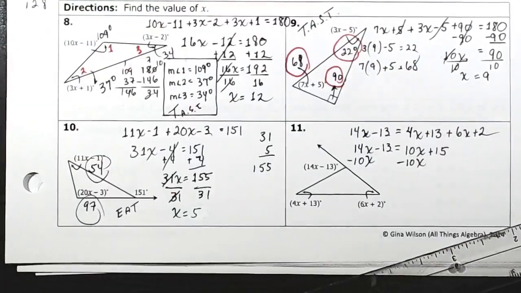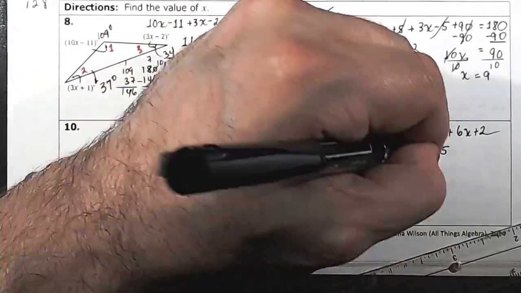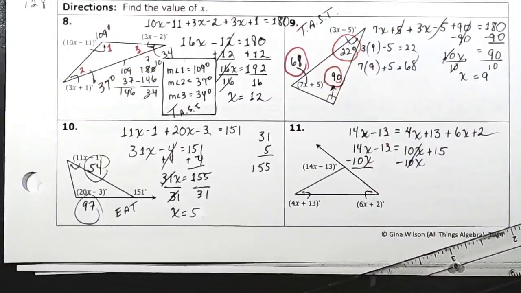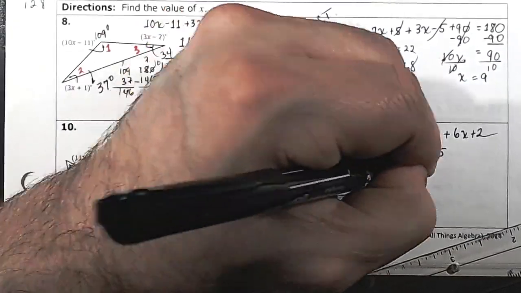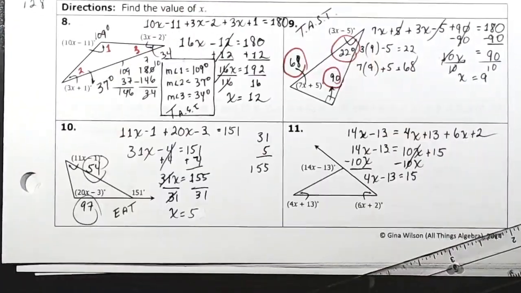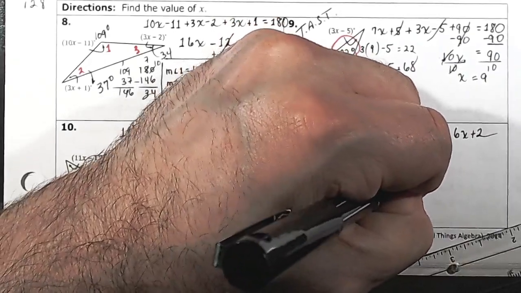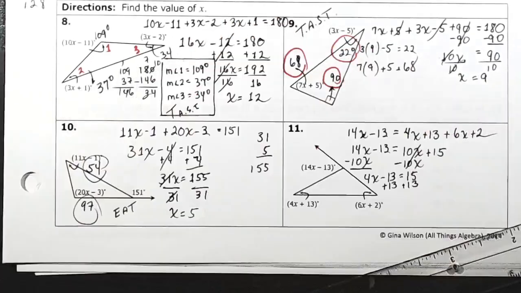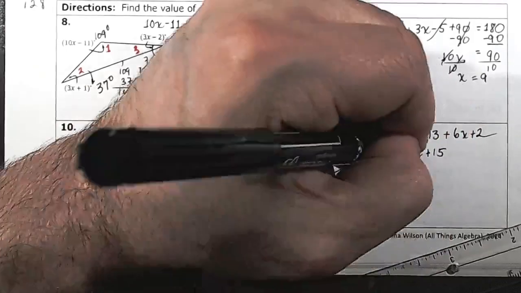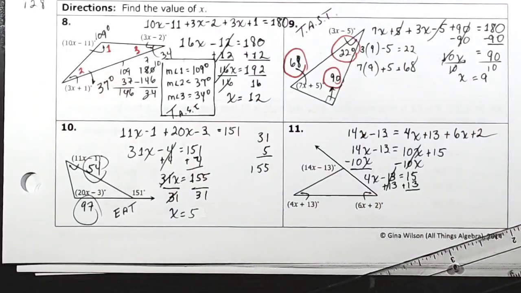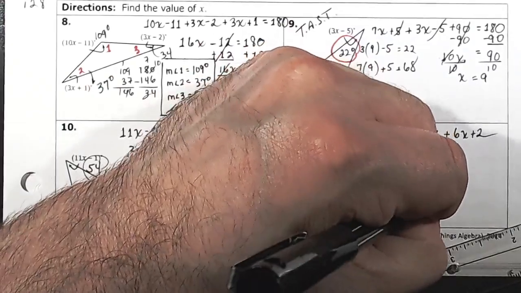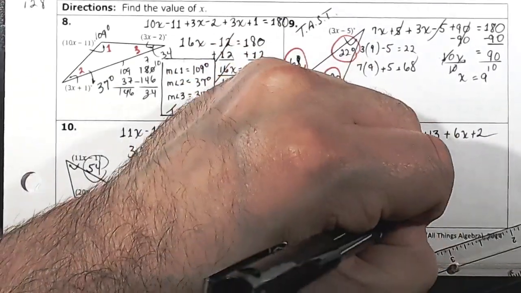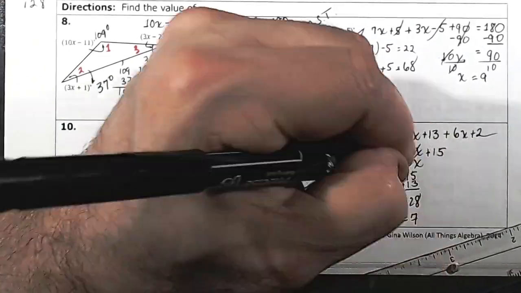We'll subtract 10x on both sides, and I get 4x minus 13 equals 15. Add 13 on both sides, and that adds up to 28. So 4x equals 28. So x equals 7.